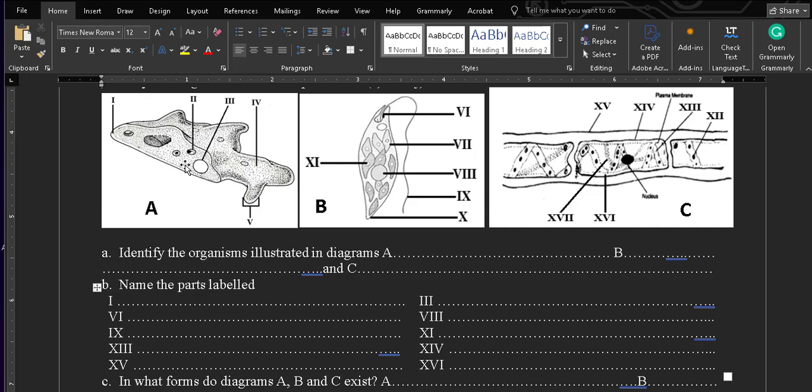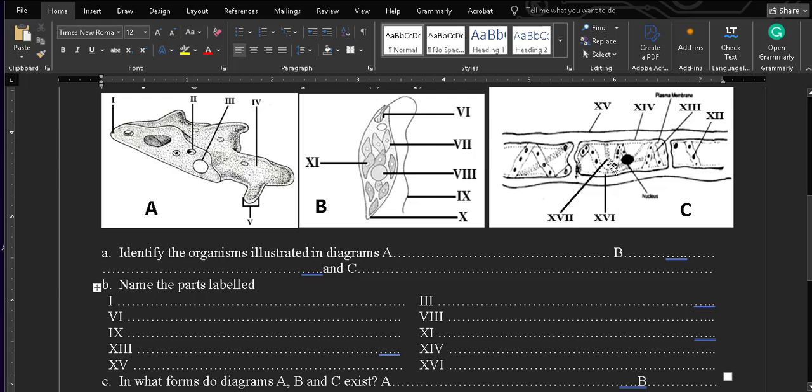You can talk about the food vacuole in A, food vacuole absent in C. You can talk about the mucilage in C, mucilage absent in A. You can talk about the pyrenoid in C, pyrenoid absent in A. You can talk about the spiral chloroplast in C, spiral chloroplast absent in A.